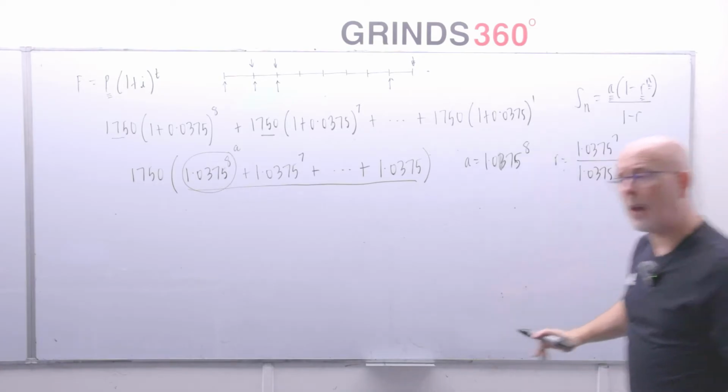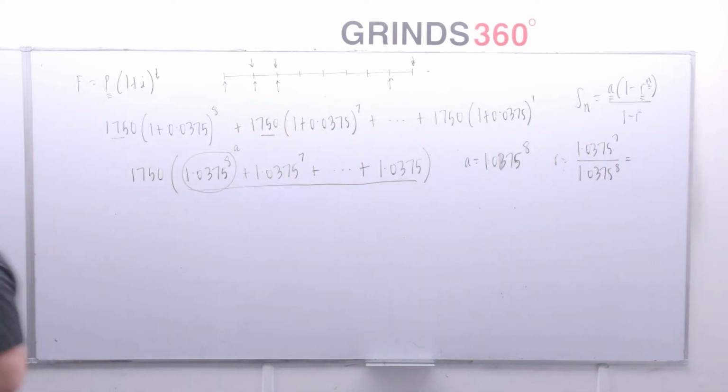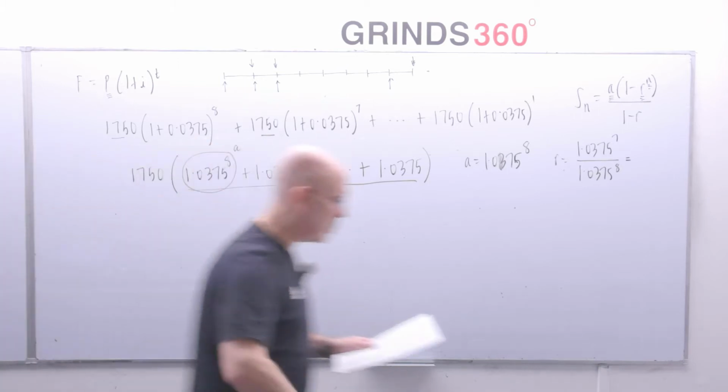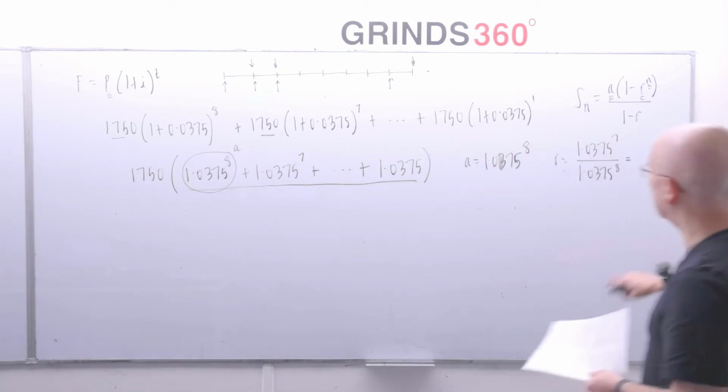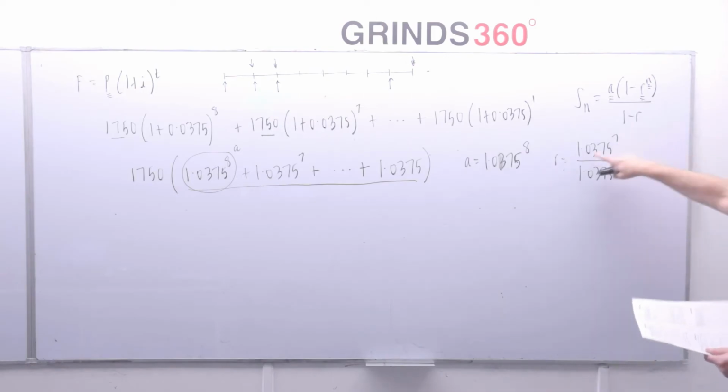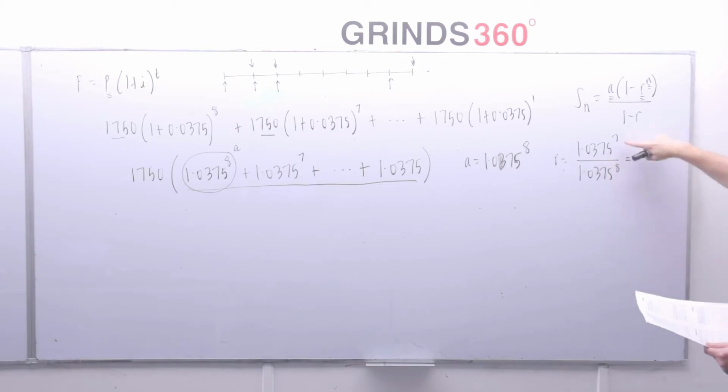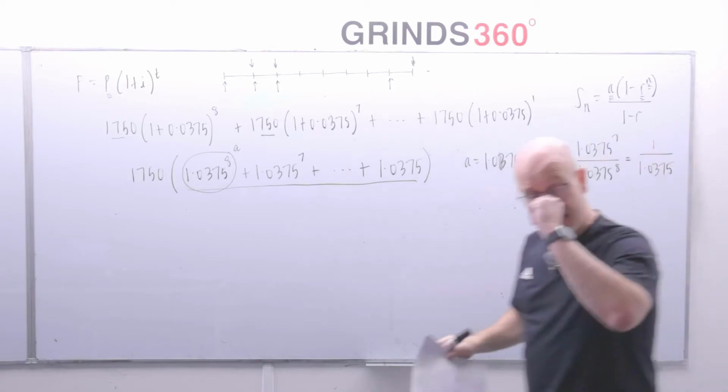Okay? Now, when you're doing that, you can either do it by just cancelling here. So notice that you've got 7 1.0375s above the line and 8 of them below. So those 7 will cancel with 7 of those, leaving 1 below the line. So you get 1 over 1.0375. So you can cancel that by hand if you want to.